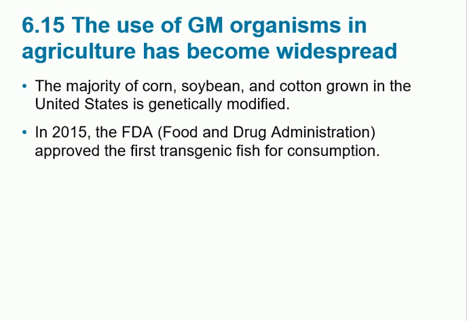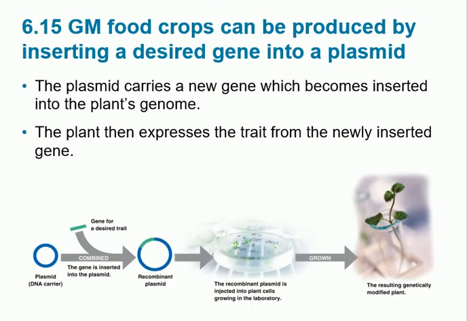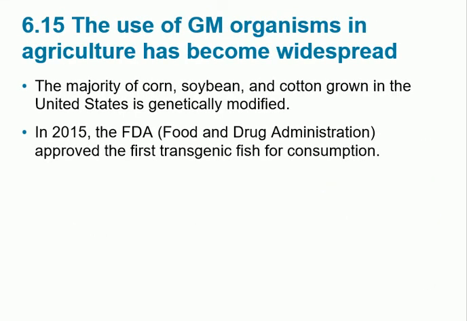But they approved some transgenic fish. Why? It has a longer lifetime. It can resist harmful organisms. They said, why not? If we change this gene, they can fight for themselves. They can survive more. Okay, so it got approved.